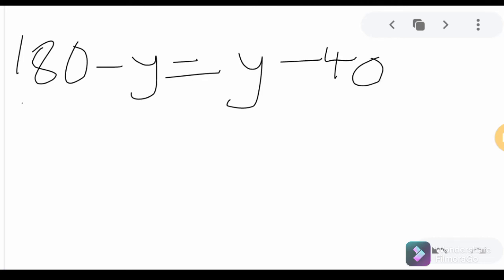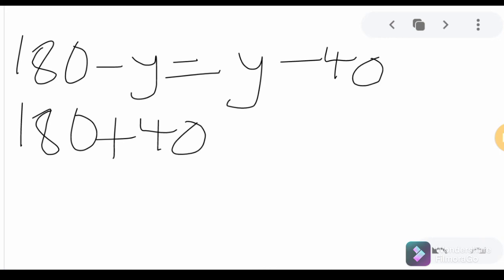Alright, so let's collect like terms again. The letters go to one side, the numbers go to another side. So we have 118 plus 40. Remember to change your sign when they cross over the equal sign, gives us y plus another y. So 180 plus 40 is actually 222.